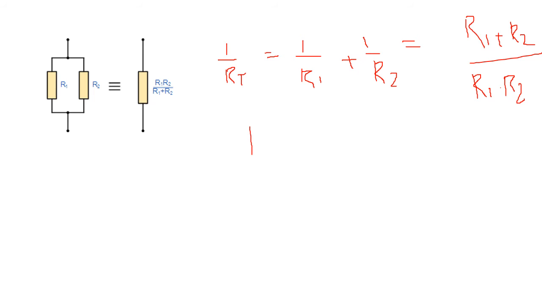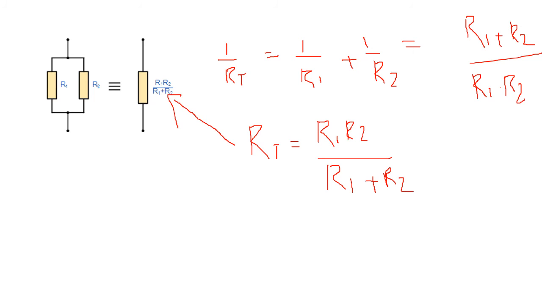So from that we can take out RT, that will be equal to product of the resistors upon sum of the resistors. For simpler and quick calculation, you can directly use this equation.